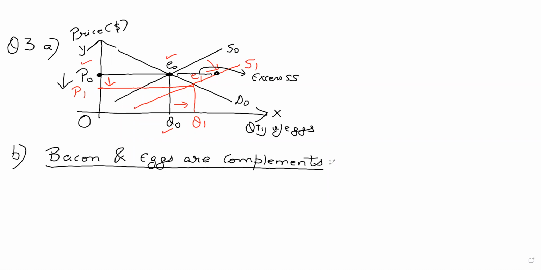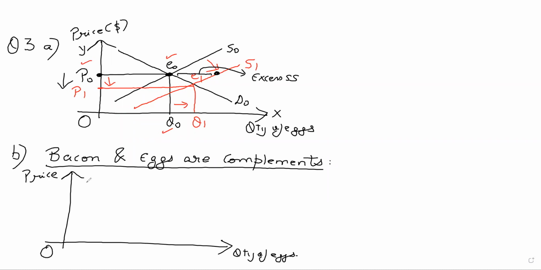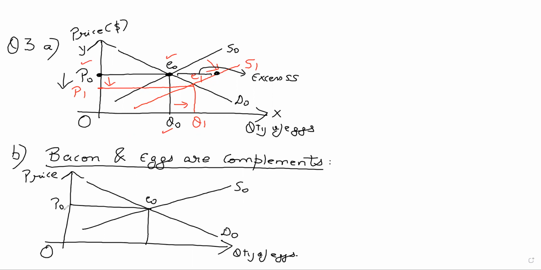Okay, so let us look at the impact on the market for eggs. Quantity of eggs, price, initial demand, initial supply, and then we have the equilibrium E0, P0, Q0.